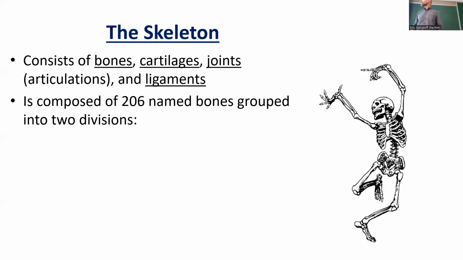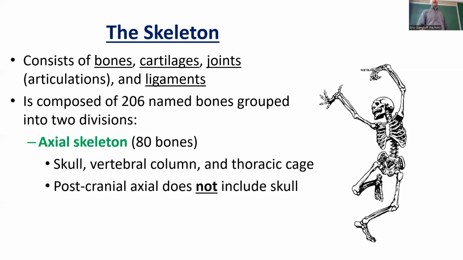But generally, we divide the skeleton into two major areas. The first is the axial skeleton, axial referring to an axis or what's down the center. This is your skull, your vertebral column, and your thoracic cage. And we're going to focus in class here to start on what I'm calling the postcranial axial skeleton. So post referring to after, cranial referring to skull. So basically the axial skeleton that comes after your skull.